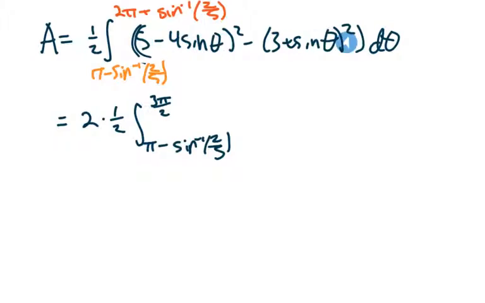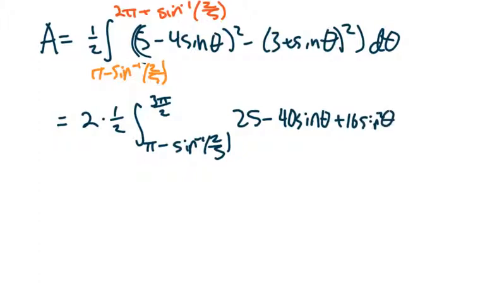Now this and this, you will have to FOIL. 5 squared minus 2 times 5 times 4 times sine theta plus 4 squared sine squared, 16 sine squared theta.